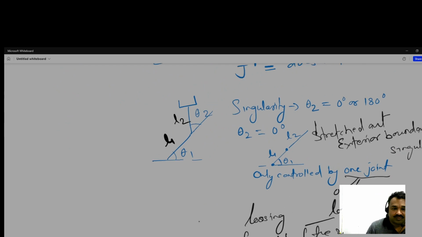Now suppose theta 2 becomes 180 degree. Then what happened? Theta 2 becomes 180 degree, then it overlaps.